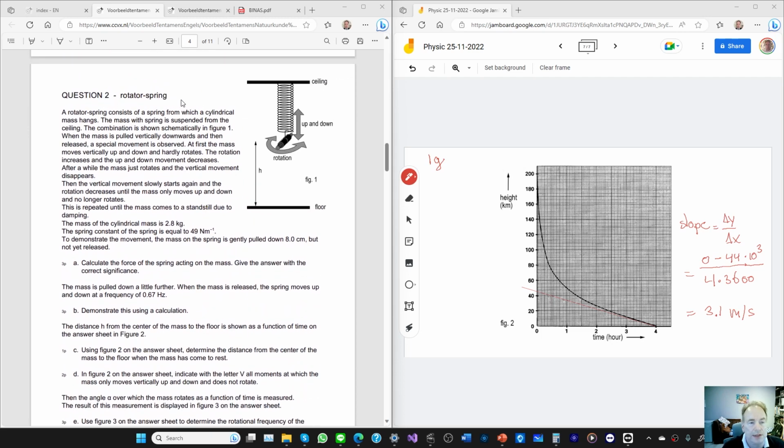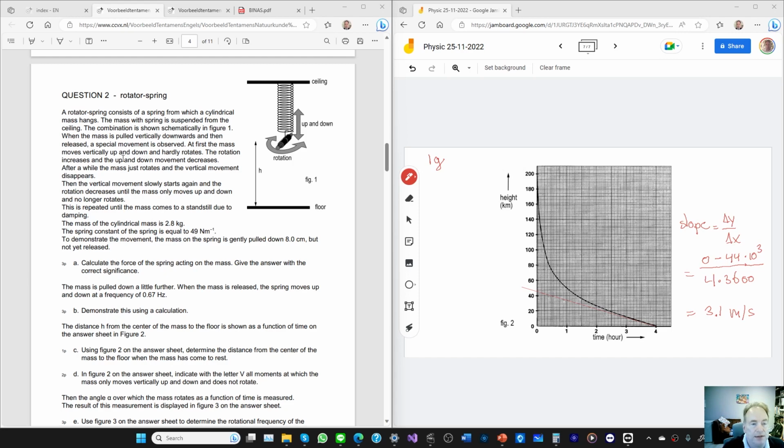Question 2 about the rotator spring. A rotator spring consists of a spring from which a cylindrical mass hangs. The mass of the spring is suspended from the ceiling. The combination is shown in figure 1. When the mass is pulled vertically downwards and then released, a special movement is observed. At first, the mass moves vertically up and down and hardly rotates.